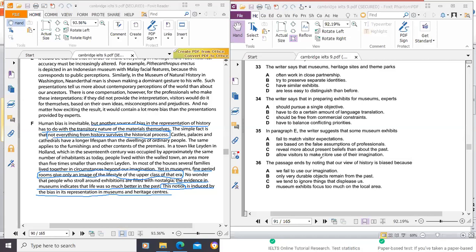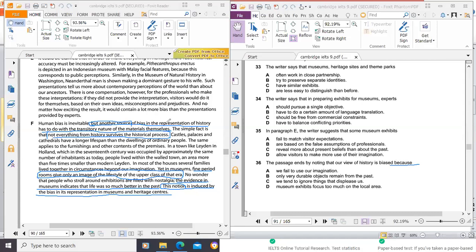Okay, so let's see what they have to say. The passage ends by noting that our view of history is biased because of another source.